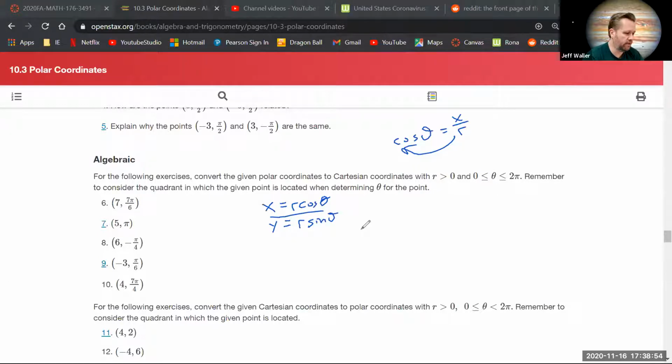And you want your mind blown even more? If I do y divided by x, isn't that r sine theta over r cosine theta? Don't the r's cancel? Sine over cosine is tangent. Isn't that the other relationship? It really is beautiful.